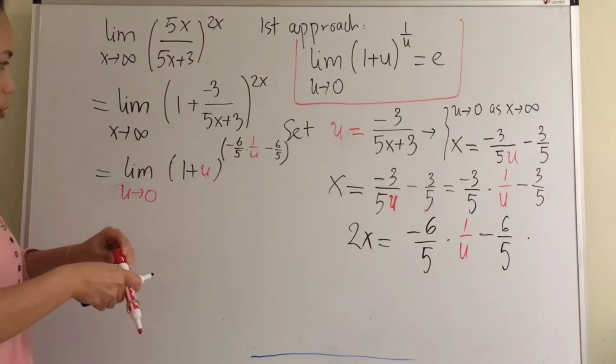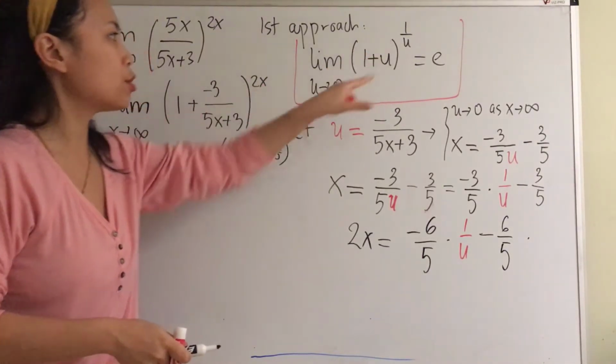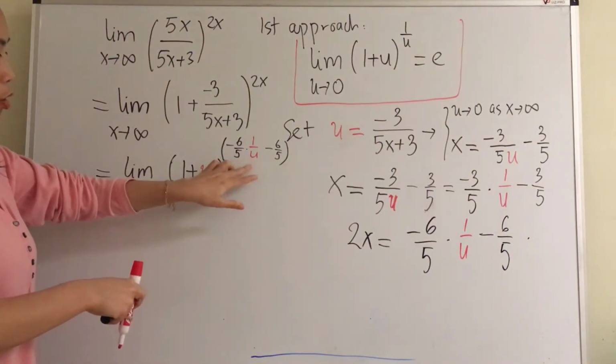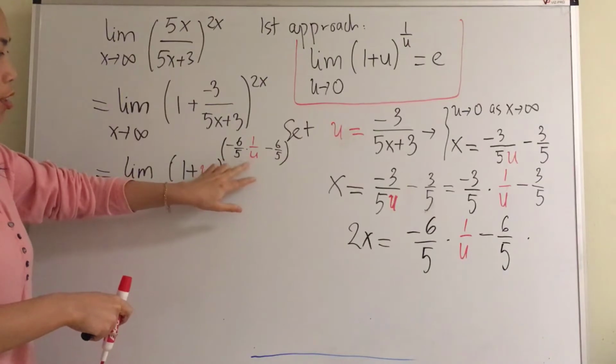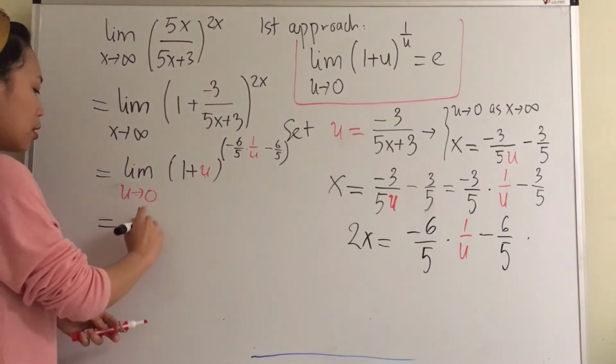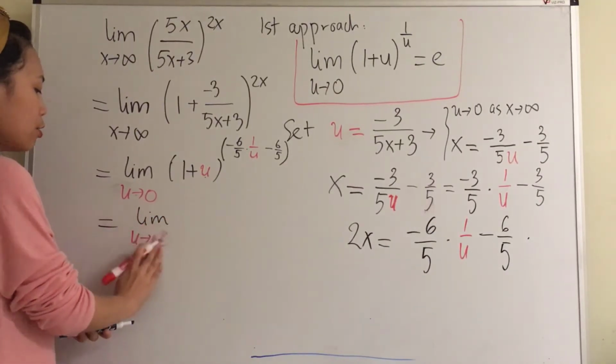Alright, so what do we have in here? I want to show up the form 1 plus u to the 1 over u, right? So I have to modify this exponent using the property of exponents. So let's see how I do it. This is equal to the limit as u approaches 0.